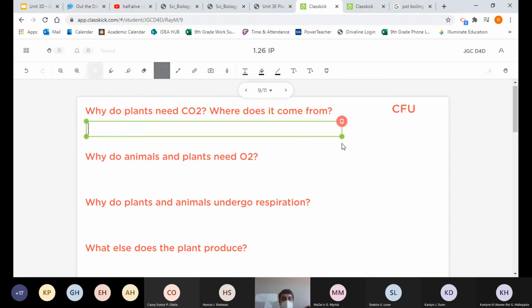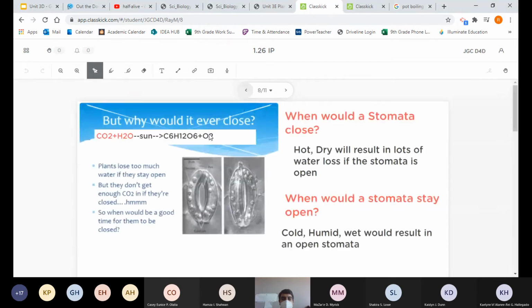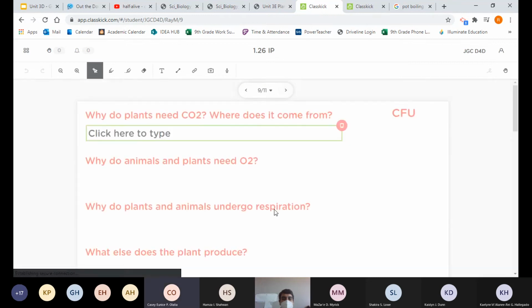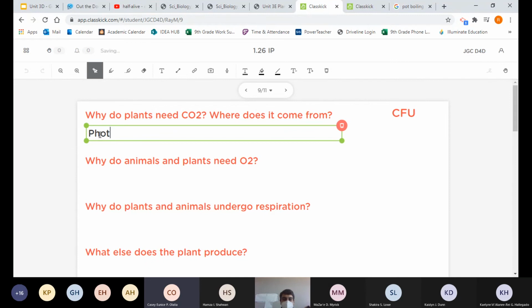So why do plants need carbon dioxide? Where does it come from? Why do plants need carbon dioxide? For photosynthesis. You got it.